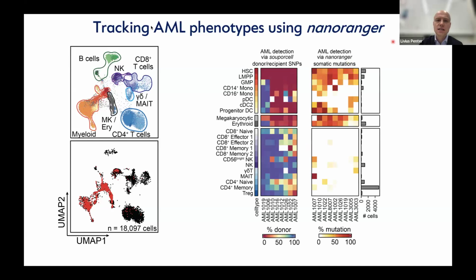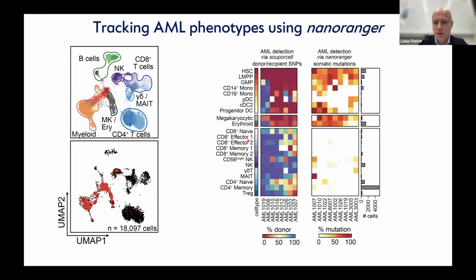One of the first things I wanted to do is to convince myself that the somatic mutation detection is valid. I compared the supercell approach, where you define donor and recipient cells to approximate leukemia, with the NanoRanger approach.